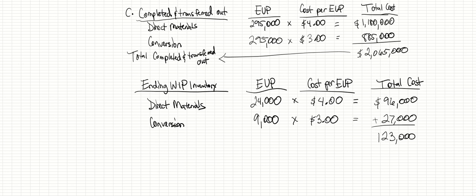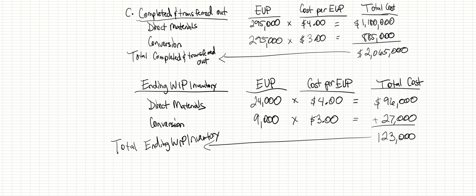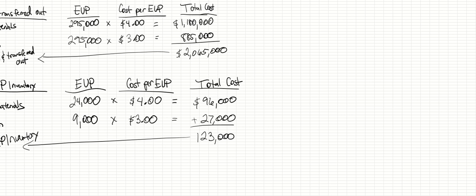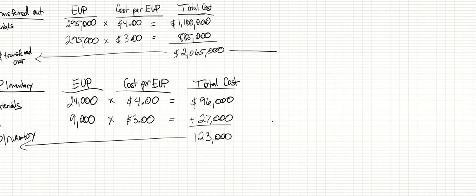And that's going to be our total costs, total ending WIP. Okay, so for our total cost assigned, we now take our $2,065,000 plus 123,000.